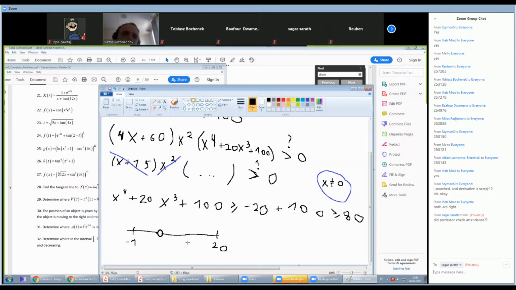Everywhere on the interval, the function is positive except for one point. Here it is positive. But of course, the increasing intervals also include those points. So the function is increasing everywhere on the interval. Okay. So here we also needed to find the derivative. And yeah, I hope this is also okay.